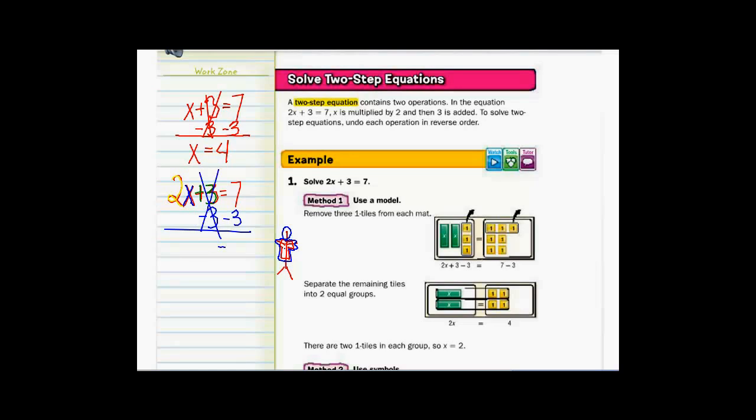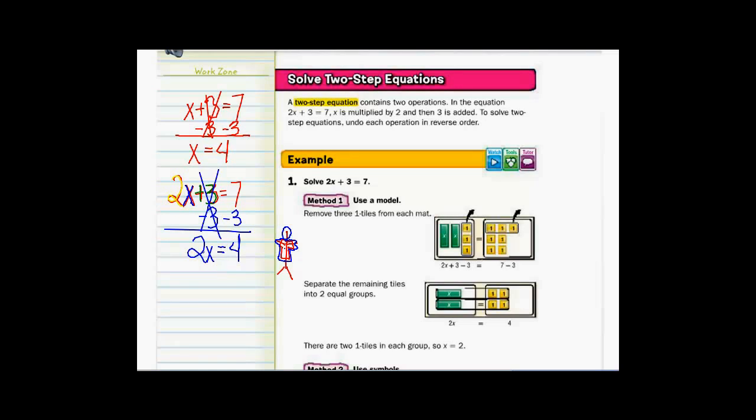So on the left side of the equal sign, I only have a 2x. On the right side, I have a 4. Now that I've got my addition and subtraction taken care of, I can deal with the number that's attached to the letter. I always deal with the one attached to the letter last.